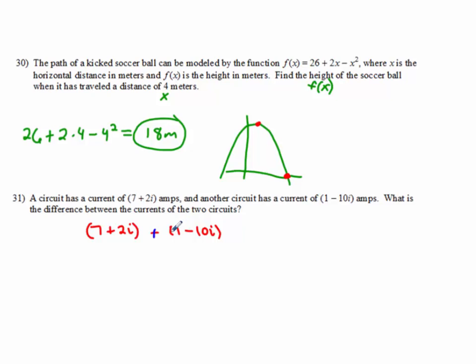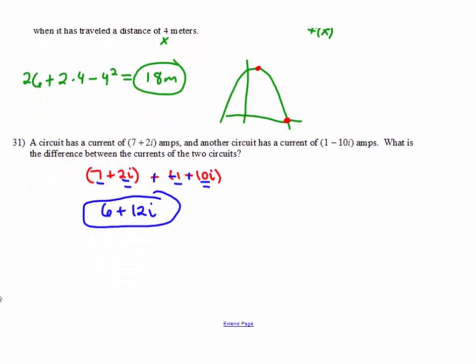So this becomes plus, this becomes minus, this becomes plus. Then I add like terms. 7 plus negative 1 is 6. 2i plus 10i is 12i. Notice I didn't FOIL because I wasn't multiplying. You only FOIL when you're multiplying, not when you're adding or subtracting.